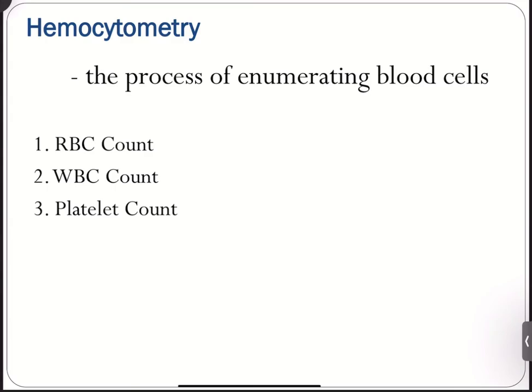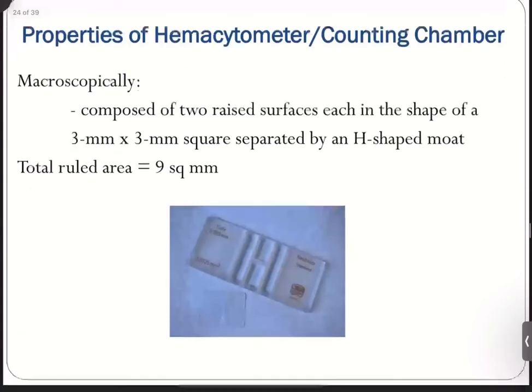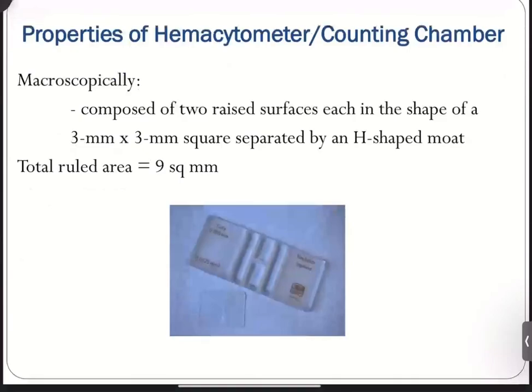So in hemocytometry, we evaluate or count the cells found in the blood. Okay, we do have RBC, WBC, and platelet counting. Using a hemocytometer or a counting chamber, macroscopically, it is composed of two raised surfaces.